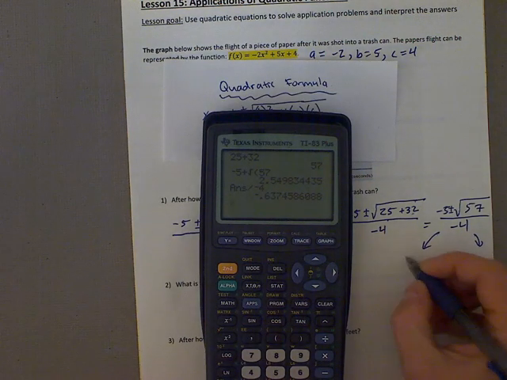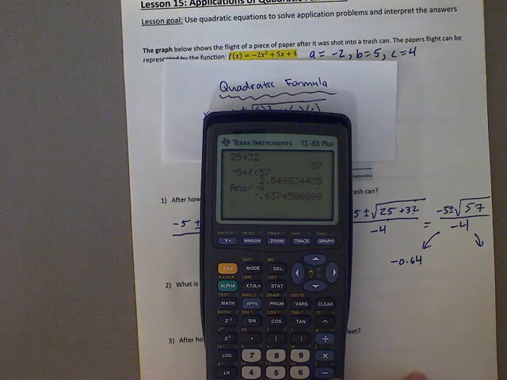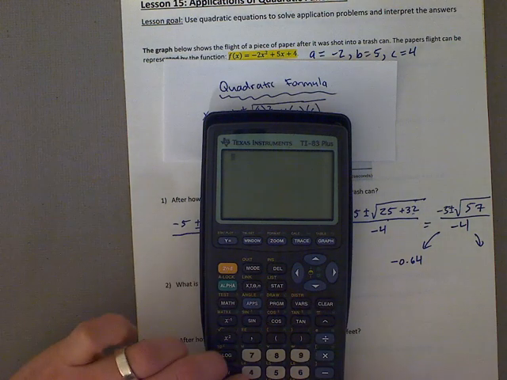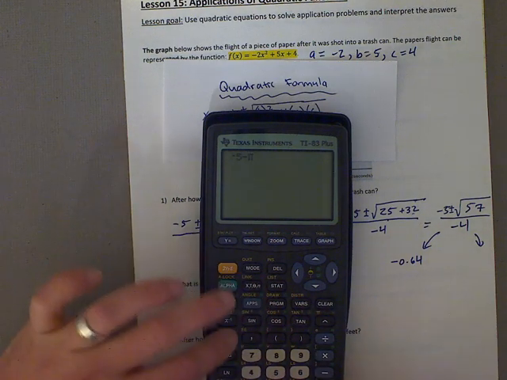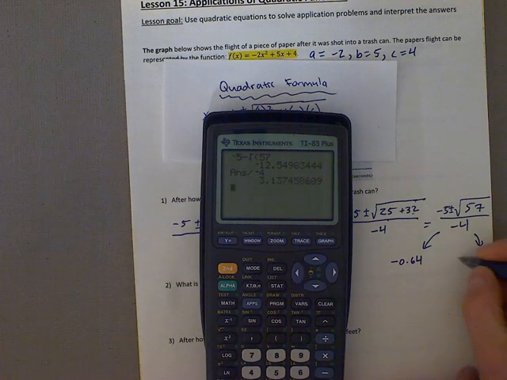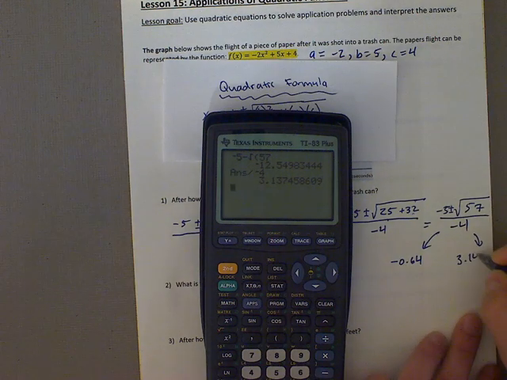And we get negative 0.637, which I'm going to round to negative 0.64. And then the other answer, negative 5 minus square root of 57 divided by negative 4, is 3.137. I'll make it 3.14.